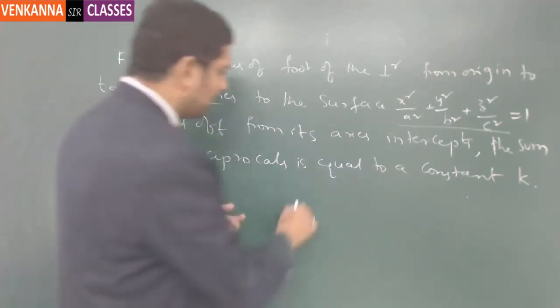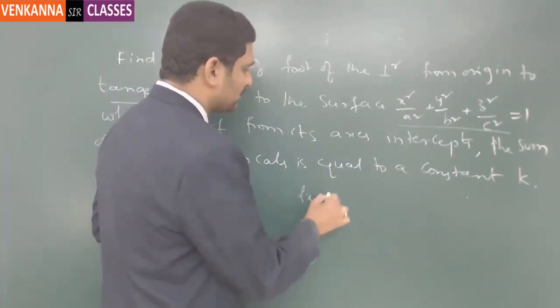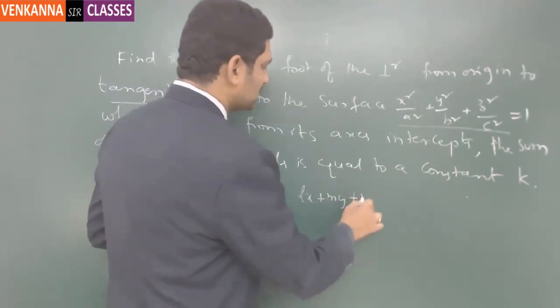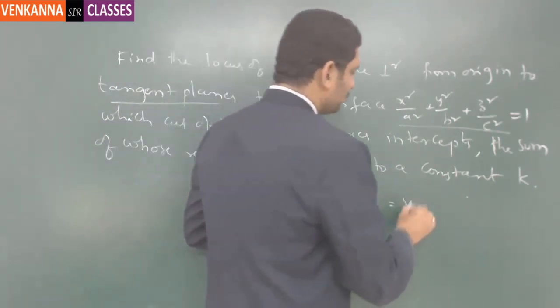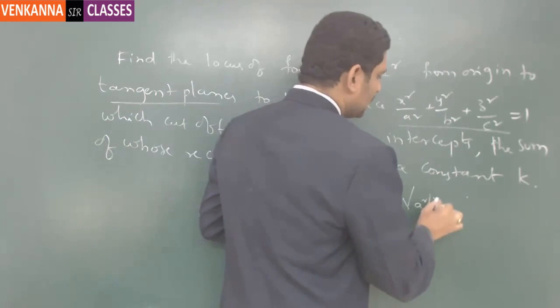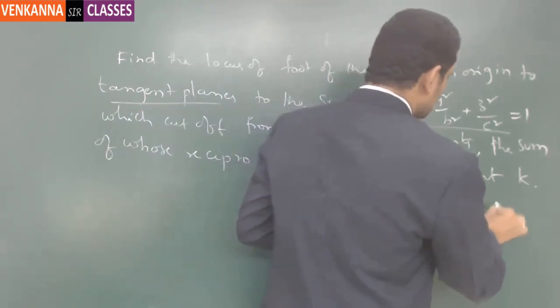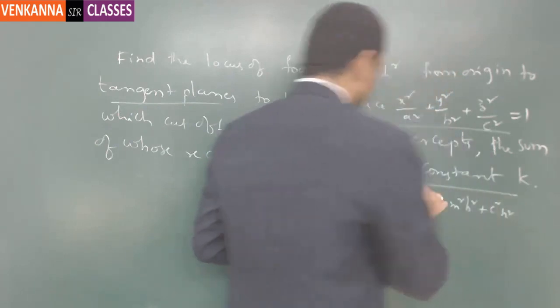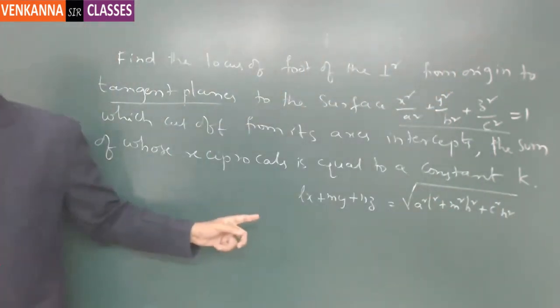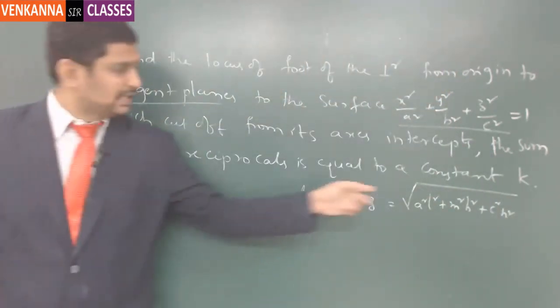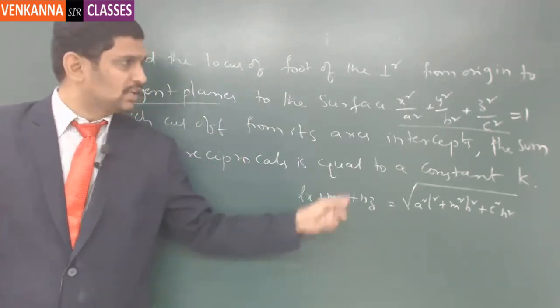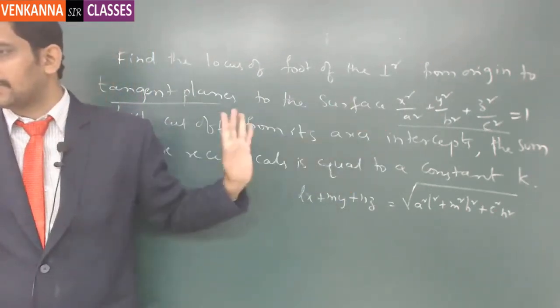How does it look? Lx + my + nz is equal to the square root of a²l² + b²m² + c²n². So straight away I have considered the tangent plane equation from the ellipsoid itself.